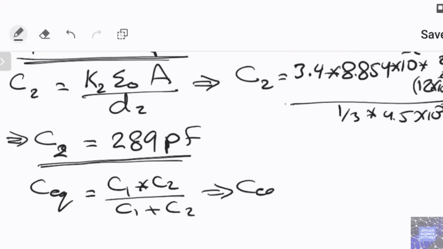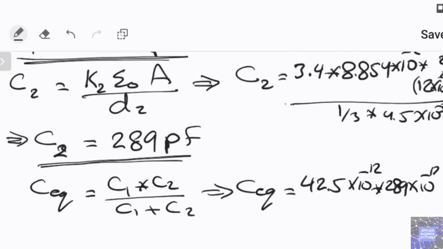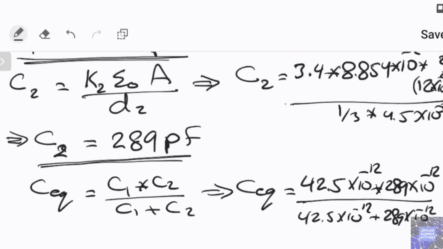C equivalent is 42.5 10 to the power minus 12 times 289 10 to the power minus 12 divided by 42.5 10 to the power minus 12 plus 289 10 to the power minus 12.